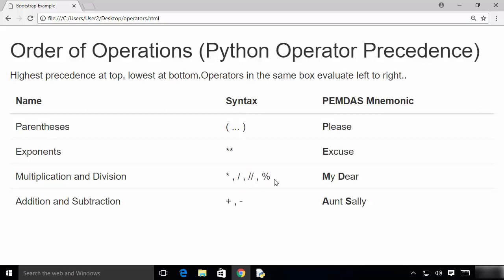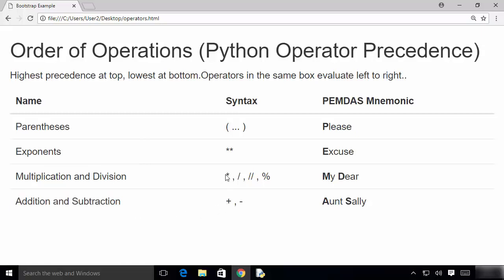But whenever you use operators which are in the same box in the same expression, whatever operator you use on the left has the higher priority, and whatever operator you use on the right has the lower priority. So in this table, parentheses have the highest priority and the addition and subtraction have the lowest priority.